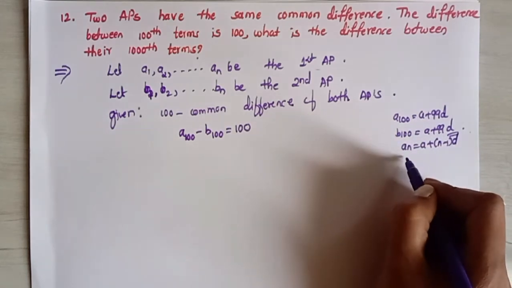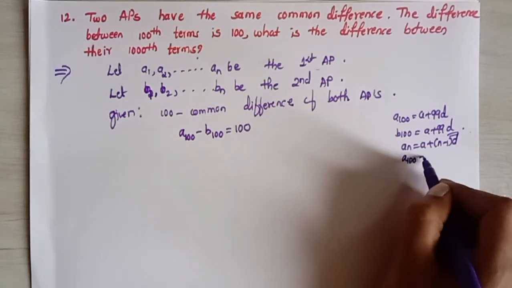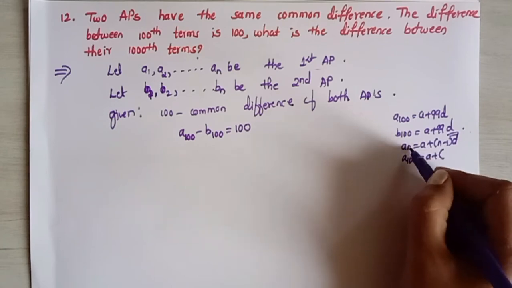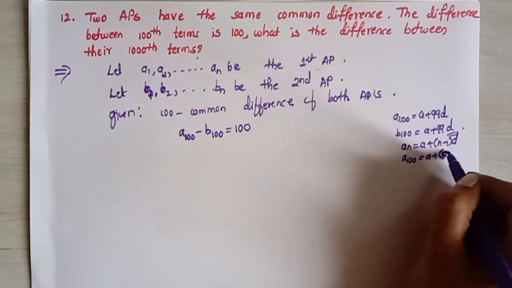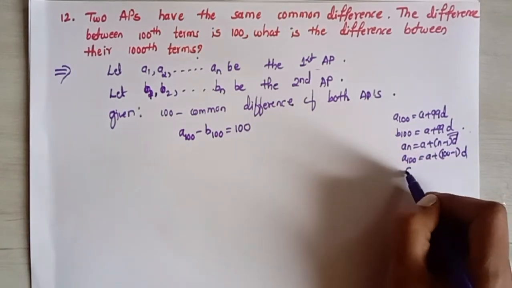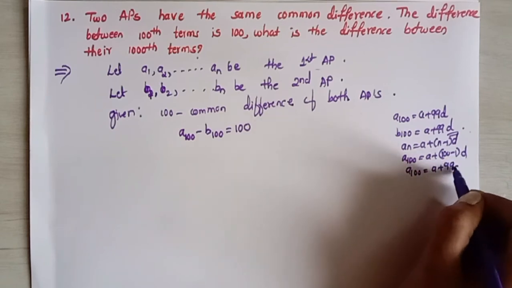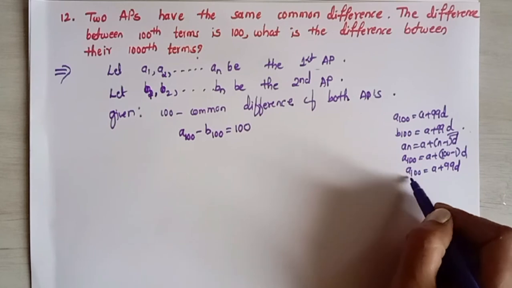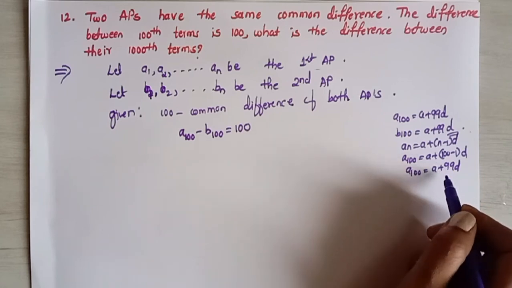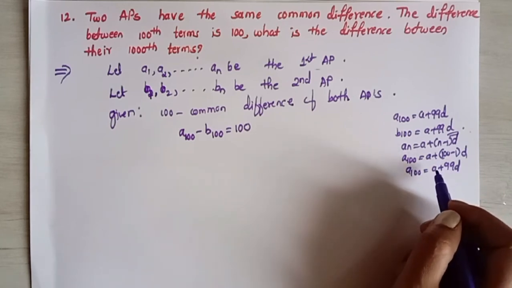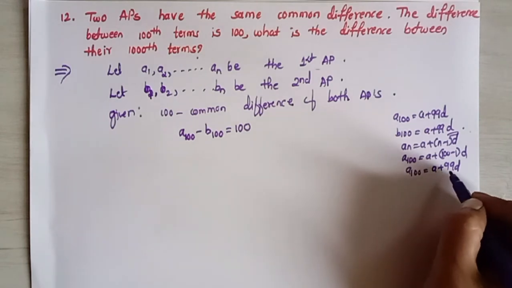In place of An, we substitute A100. So this will be a plus, in place of n we have 100, this is 100 minus 1 into d. So A100 equals a plus 99d. Like that, B100 is also b plus 99d.